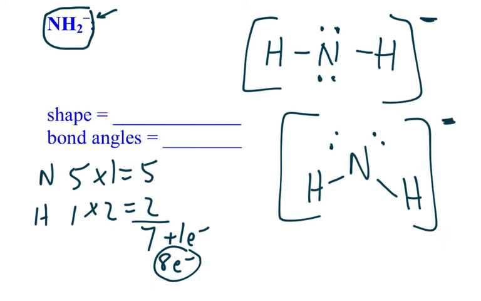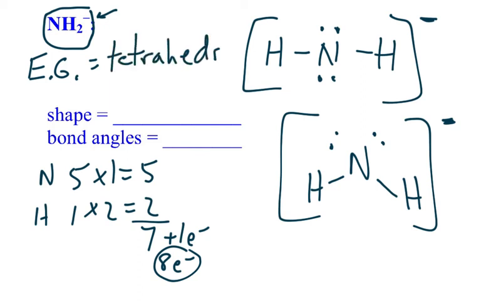Notice the electron geometry has to do with the total number of domains. This molecule has 4 domains. It has 2 hydrogens, which are 2 bonding, and it has 2 lone pairs, which is 2 non-bonding. So the electron geometry is also tetrahedral.